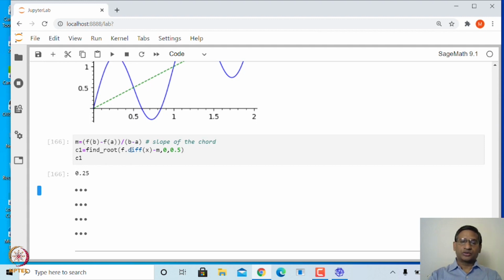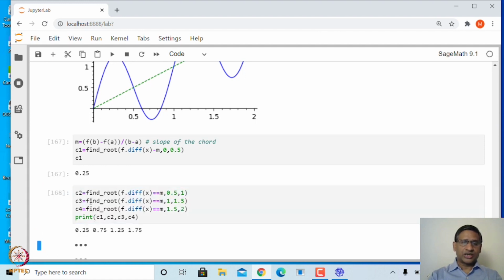That means you want to solve or find the zeros of f'(x) minus m. That is what is done. In this case, you can see the first root has to be between 0 and 0.5, and that is actually 0.25. The second, third and fourth roots are at 0.75, 1.25 and 1.75.